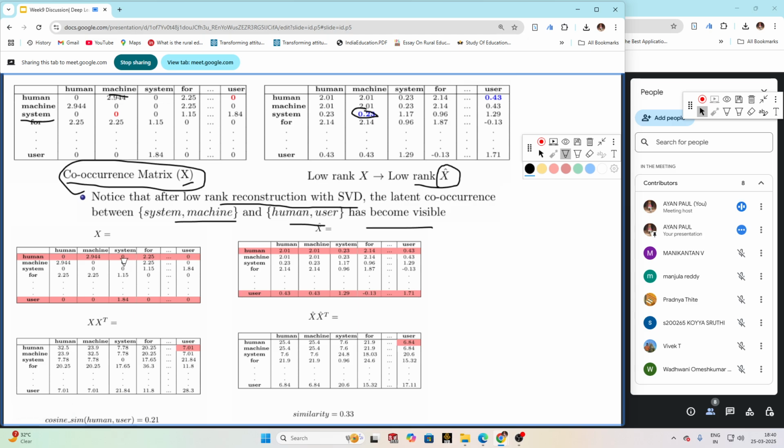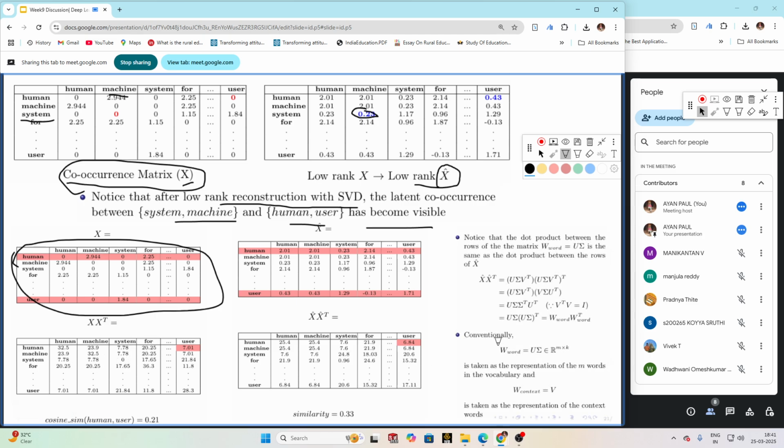How can you find the cosine similarity? If you have this matrix, you can find the cosine similarity by X dot X transpose. The values that come here are the cosine similarity of the word and the context term. So these are all the cosine similarities.